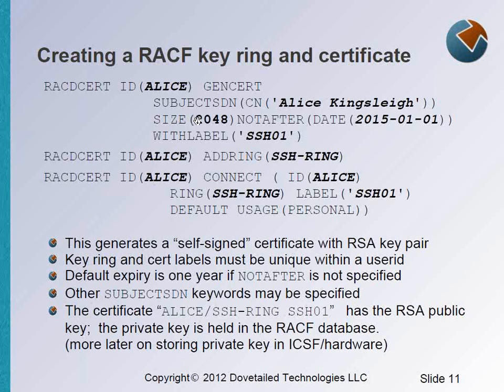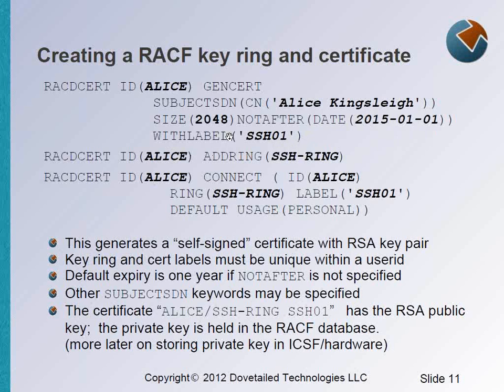So with RSA, which is the default, this is the key size in bits. And then I've also specified NOTAFTER. If you don't specify it, the certificate will expire in 1 year, and then you have to deal with either renewing it or creating a new key pair and distributing all that stuff. So I usually make these last a little bit longer.